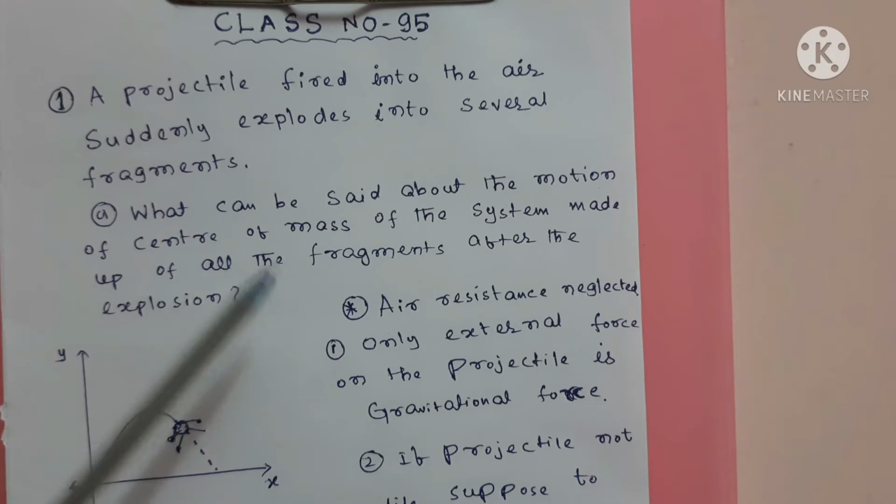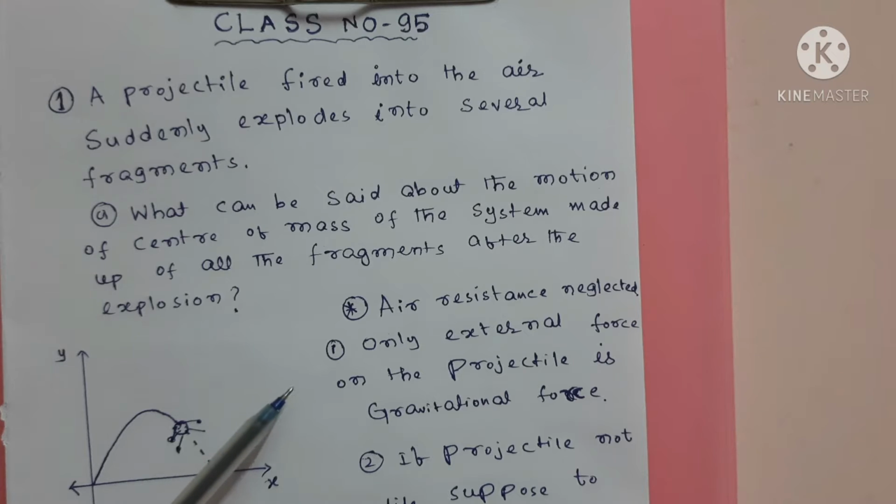Okay, the first point, what you have to keep in mind: the only external force on the projectile is the gravitational force. That is why it is a parabola. Okay, but this is exploded. Why is it exploded? Because of internal forces only, not external forces.